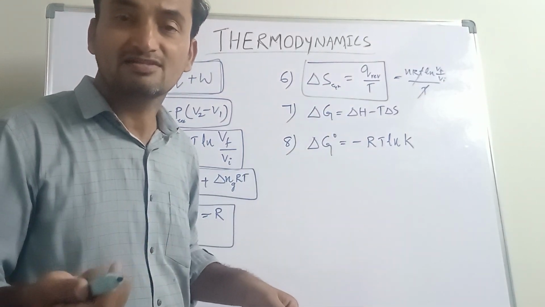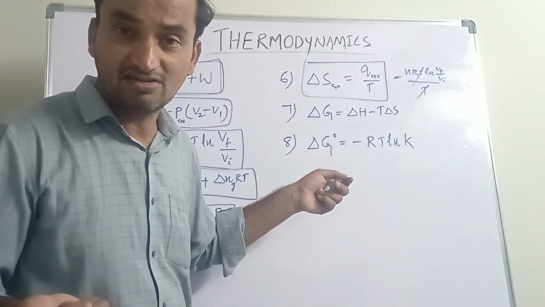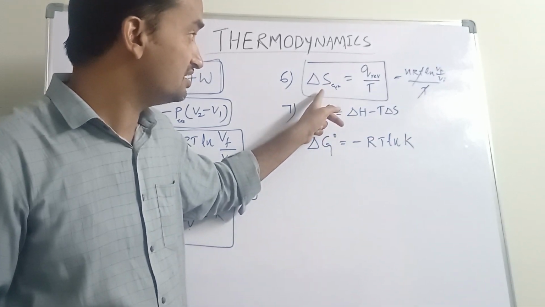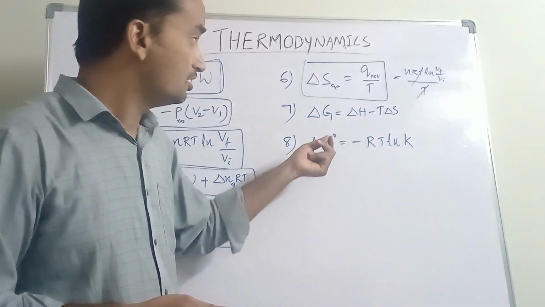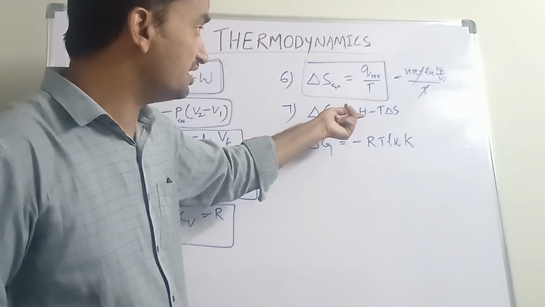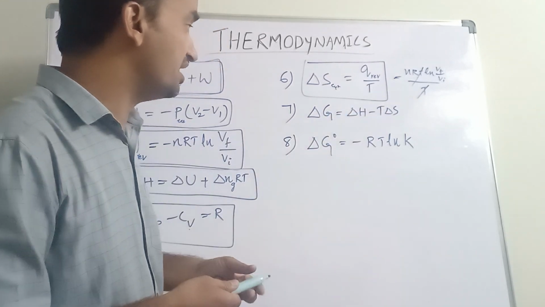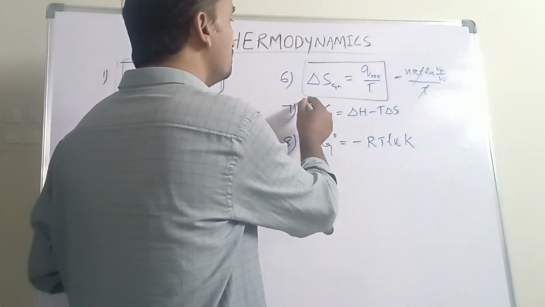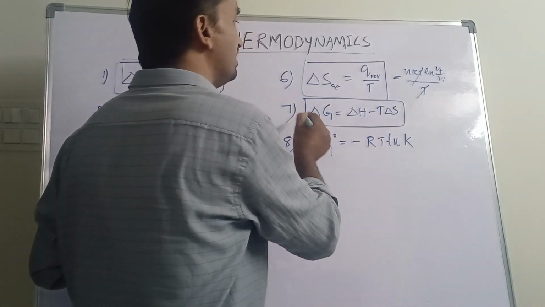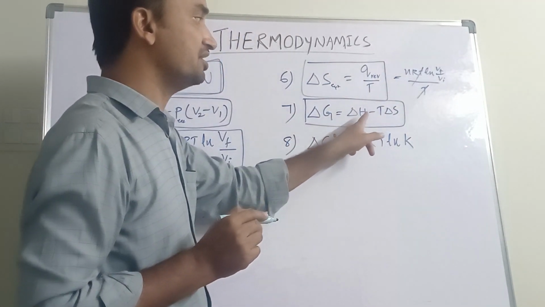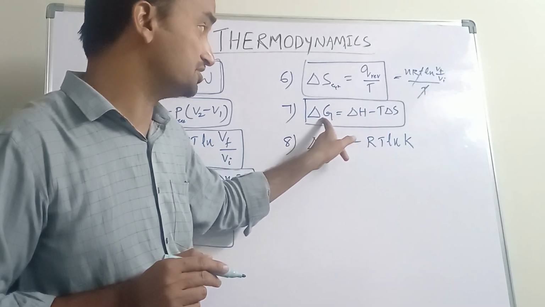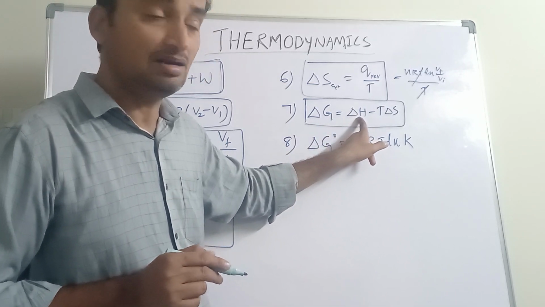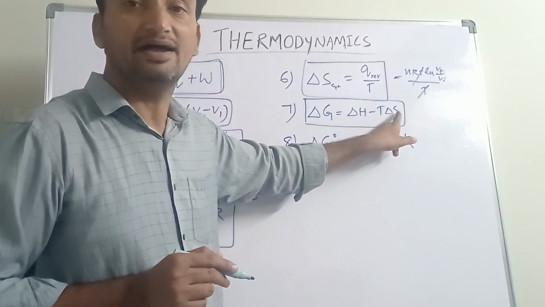Next, for a better explanation of the spontaneity of a process, instead of delta S, we are going to use delta G. It is the Gibbs free energy. Right? Now, the relationship between Gibbs free energy, enthalpy, and entropy can be given as delta G equals delta H minus T delta S. Delta G is the change in Gibbs free energy, then enthalpy, temperature, entropy.